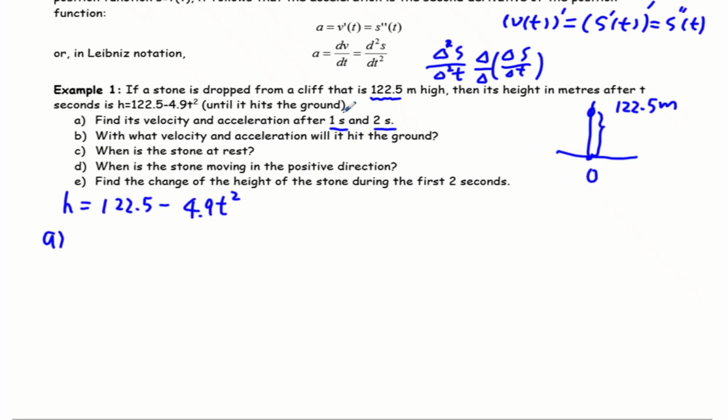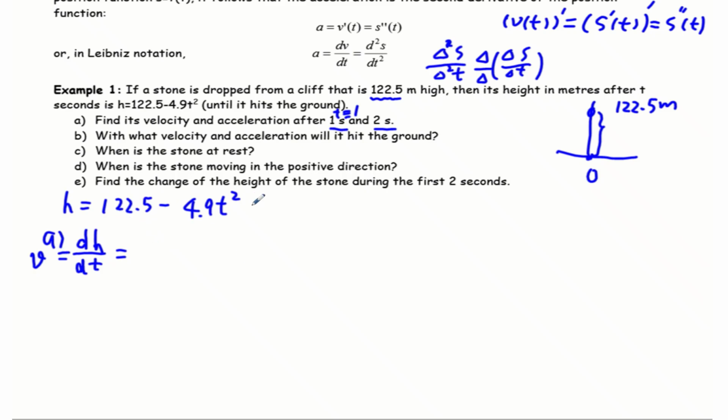This is the instantaneous velocity, at t equals 1, so we need the derivative h prime, or dh over dt. It's up to you which notation you like to use. If we write dh over dt, that is our velocity.